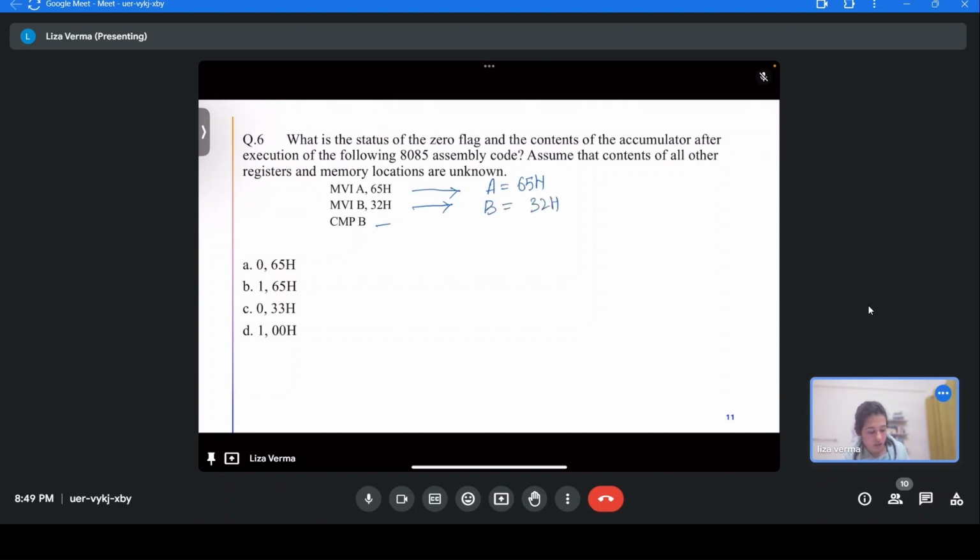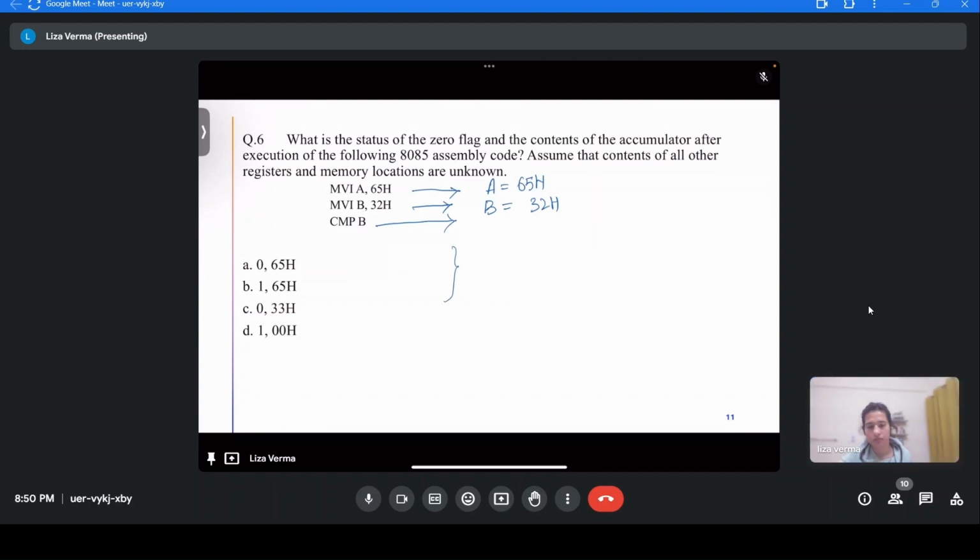This compare B, what will this do? It will compare the content of B with the content of A. How will it compare the contents? Subtraction, ma'am.